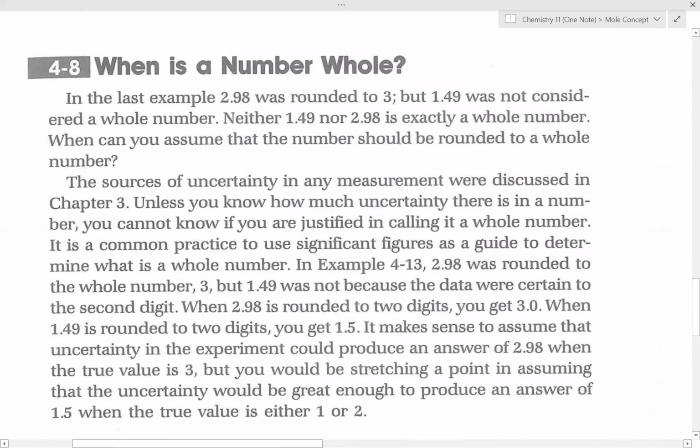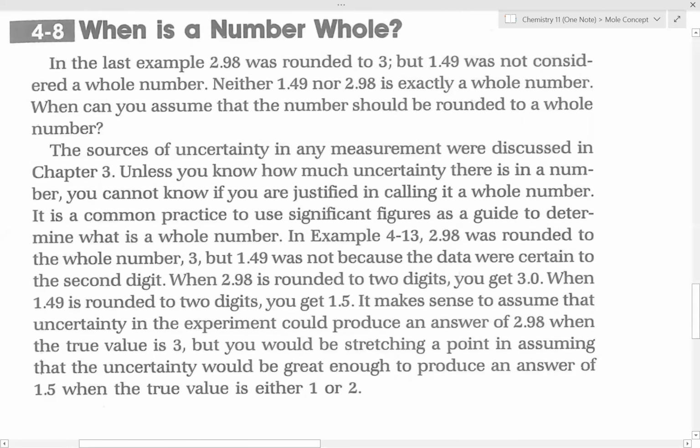It says here in the last example, 2.98 was rounded to 3, but 1.49 was not considered a whole number. Neither is exactly a whole number. So when can you assume that the number should be rounded to a whole number? Take a minute and look at what it says here about the sources of uncertainty and what determines whether you round or not.